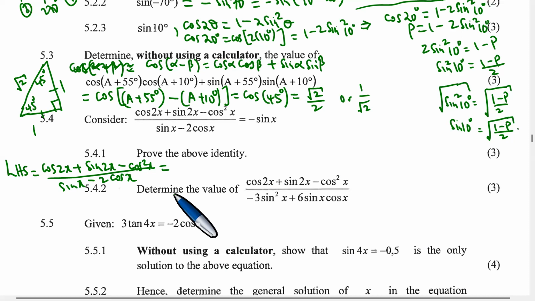What is cosine 2x? Cosine 2x, we use the formula for that, which is cosine 2x is cosine squared x minus sine squared x, plus sine 2x, which is 2 sine x cosine x, minus cosine squared x.